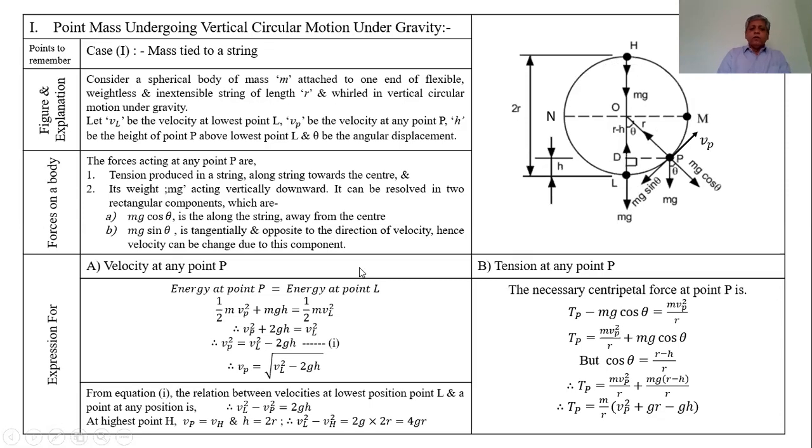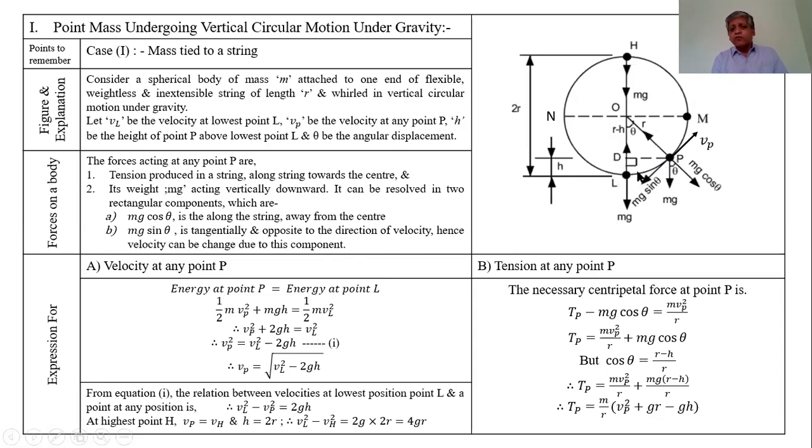Now, to find the expression for the velocity at any point P, we use the law of conservation of energy: the energy at the lowest position and the energy at any position remain the same.